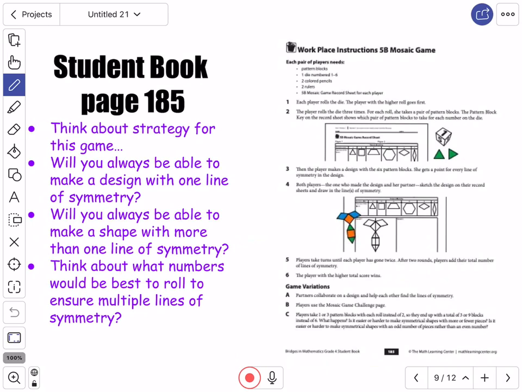Okay, so there's mine. You may go ahead and fill out yours and then post yours into Seesaw, okay?